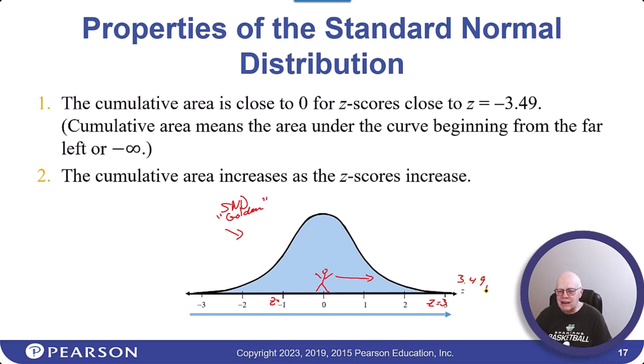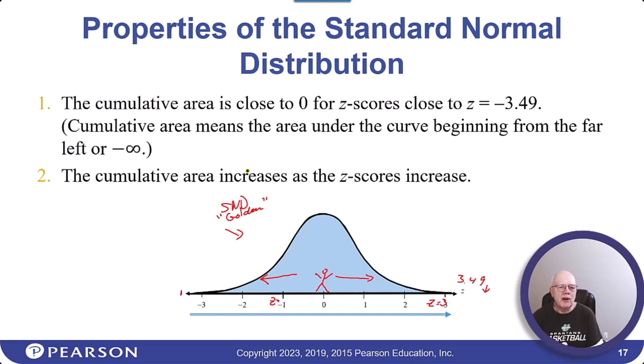You won't see much of anything to paint back here. And the same thing happens if we go in the other direction. Once you get to about 3.49, there's almost no area under the curve. So for all practical purposes, you probably don't need to do any more painting.